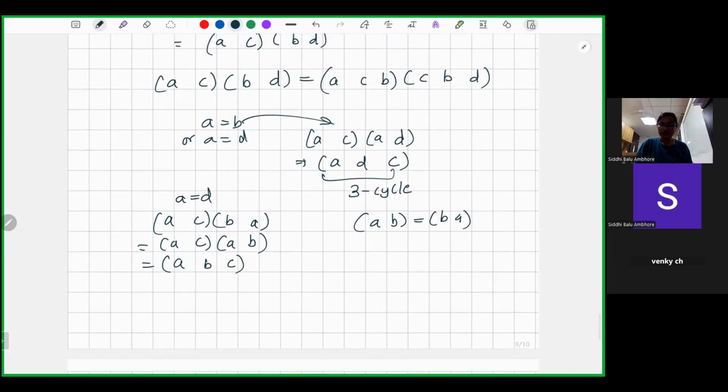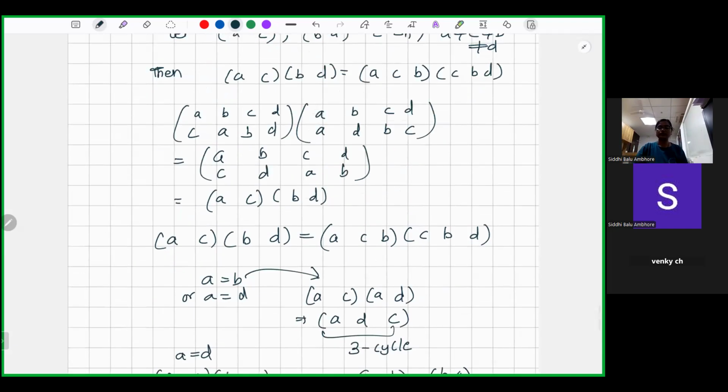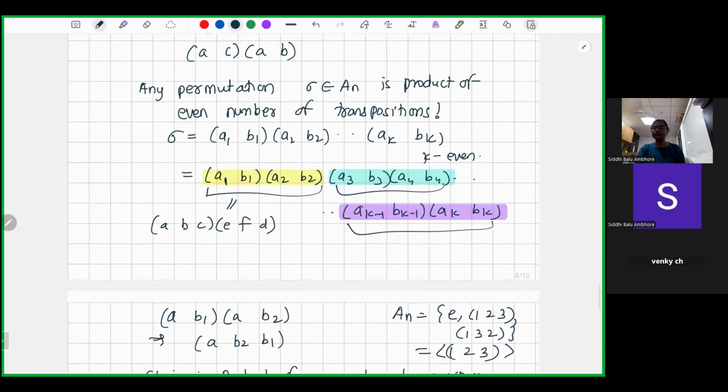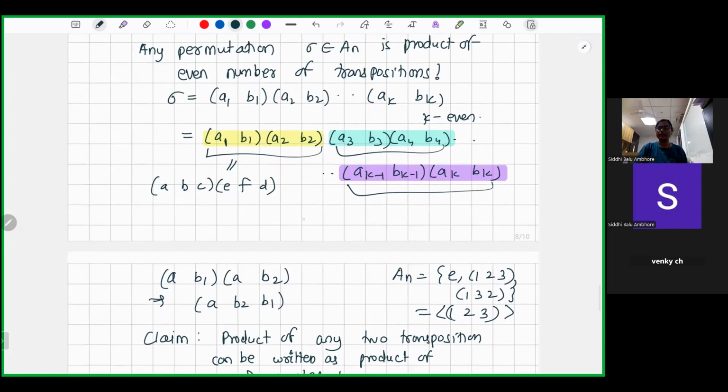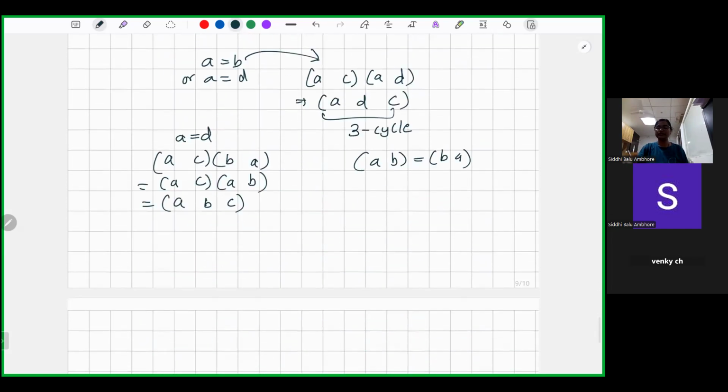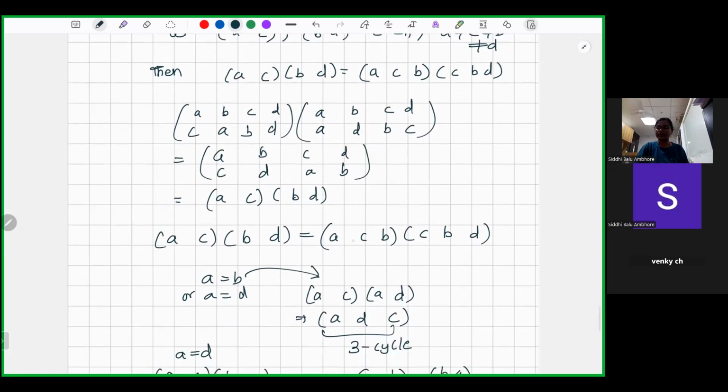So what I'm saying is, when I am clubbing them in these clubs of two transpositions, if I am considering this as one of A_i, B_i, A_{i+1}, B_{i+1}, and if any of the A_{i+1} or B_{i+1} is equal to any of the A_i or B_i, then that directly becomes a 3-cycle, and we do not need such an expression in that case.